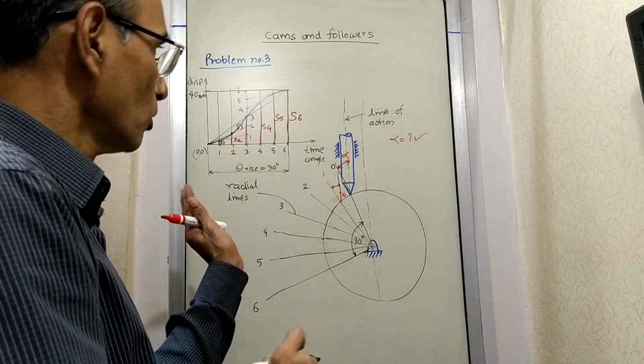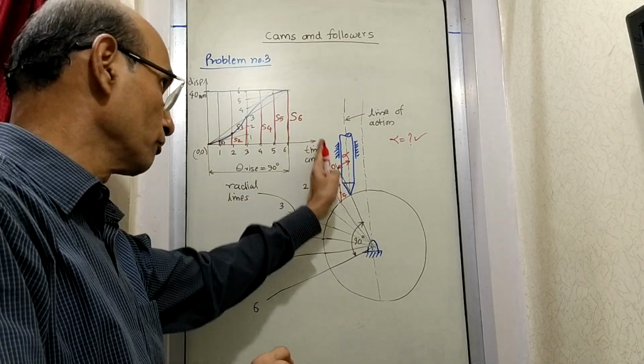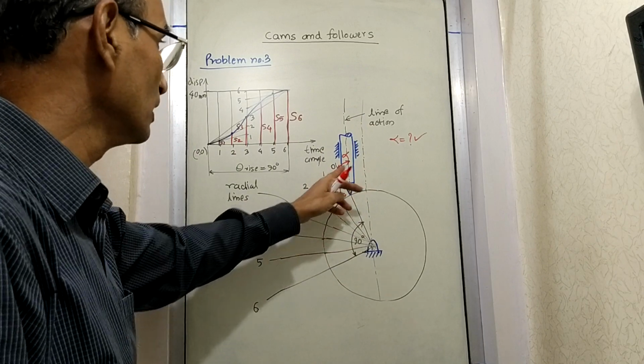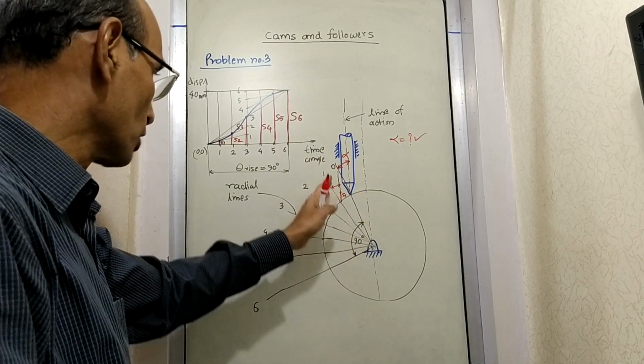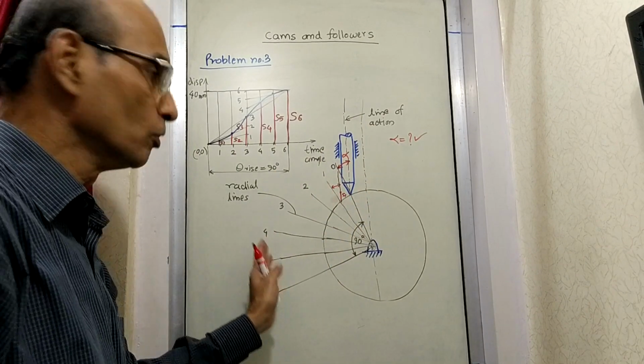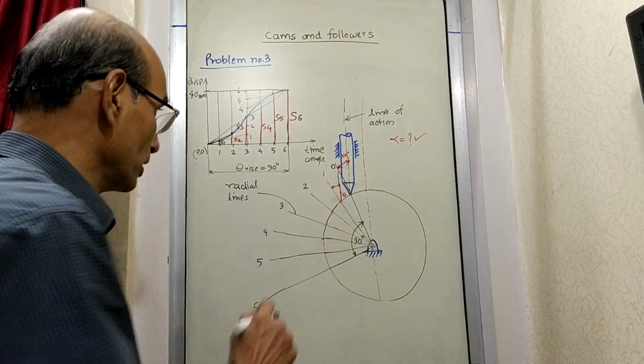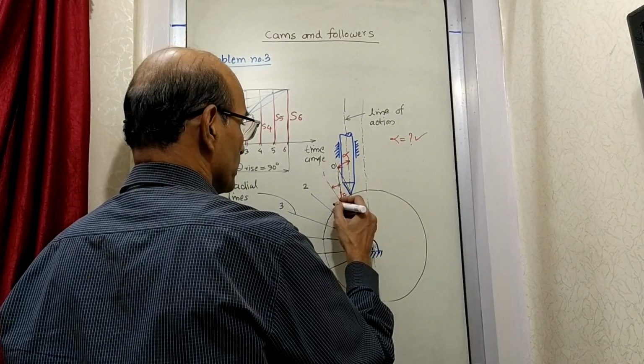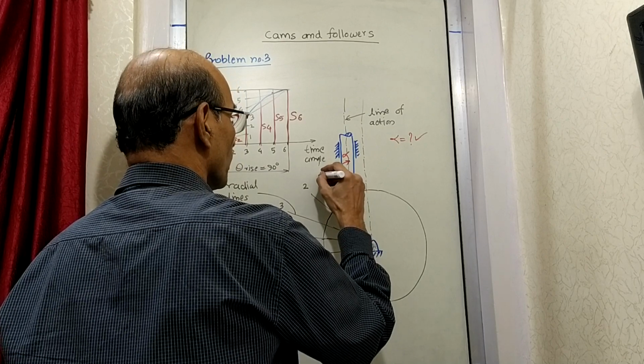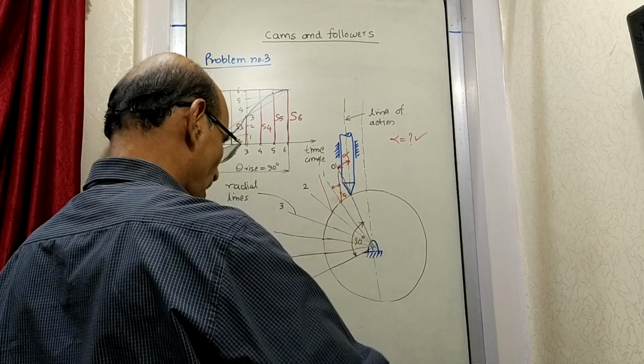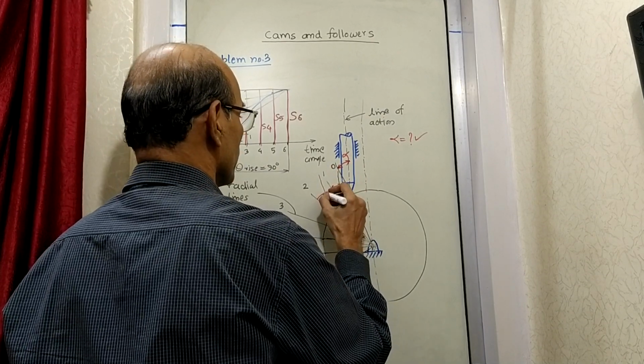On this line of action, we take displacement S1. So S1 is taken on an additional line drawn, which is the line of action. Radial line, line of action. Right now we have got radial lines. We have to draw lines of action also everywhere by going back by alpha degrees. So here also there will be one line like this, back by alpha.